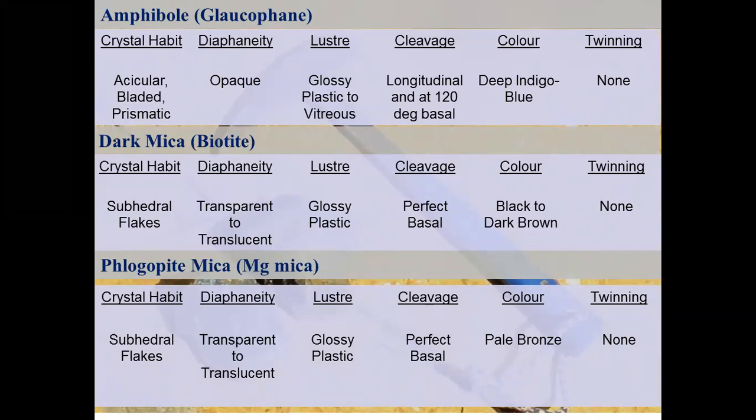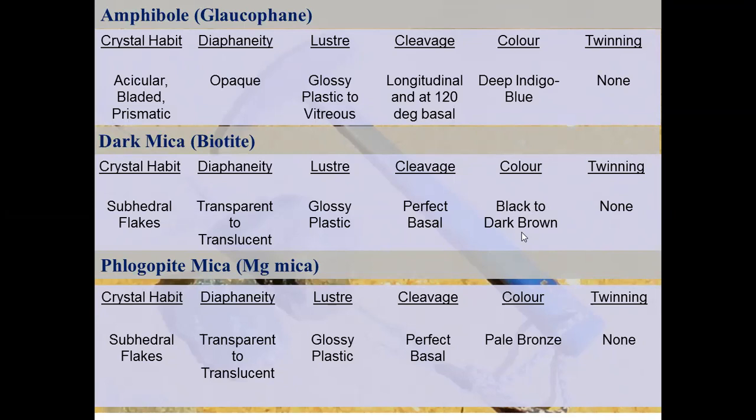Then we moved on to some of the other dark minerals that were relatively common, and the dark mica, which is generally called biotite, but remember biotite is a particular chemical composition, and you don't necessarily know the composition when you're looking at something in hand specimen. But biotite, dark, as the name implies, dark mica, black to dark brown.